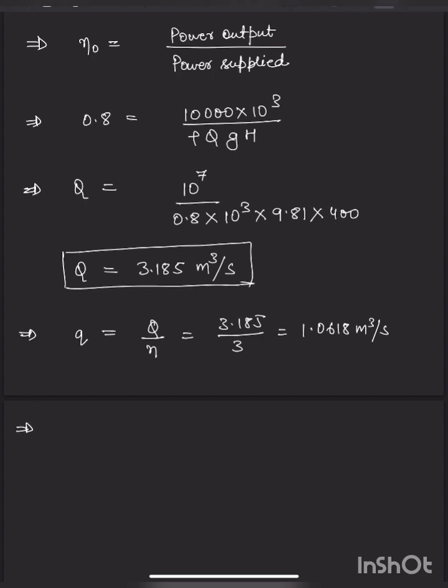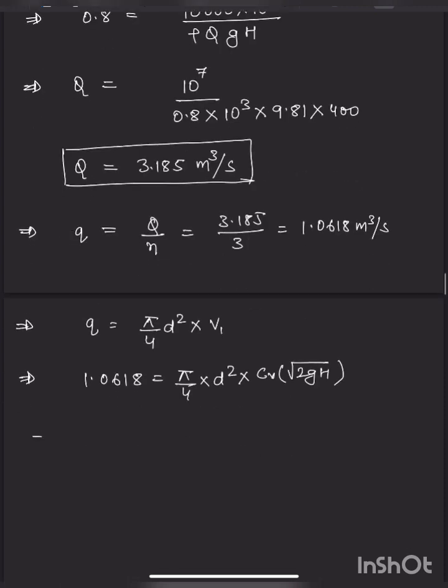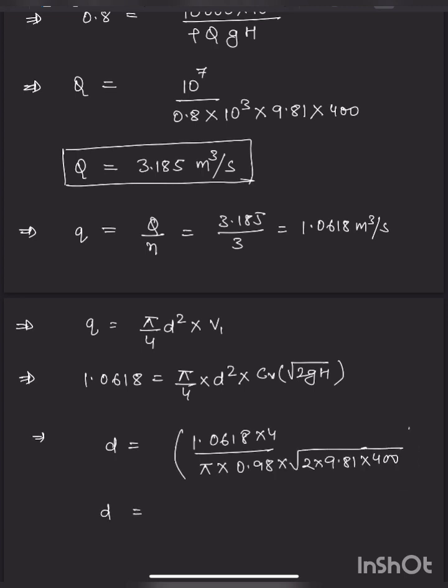To calculate the diameter of the jet, we can use Q is equal to pi by 4 d square into V1. So 1.0618 is equal to pi by 4 into d square into Cv root 2gH.